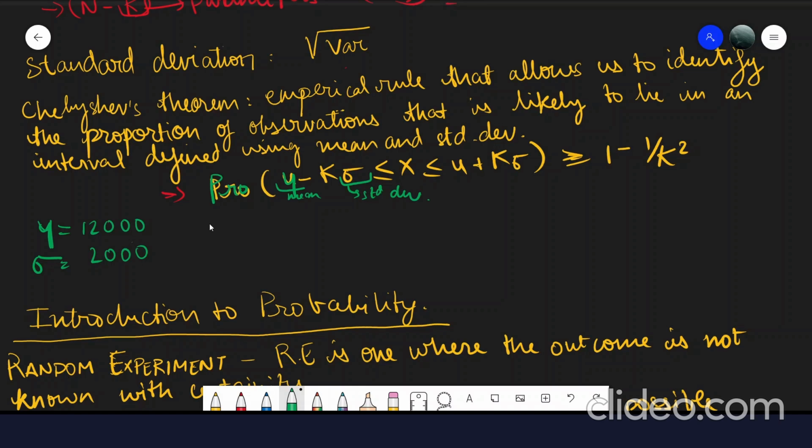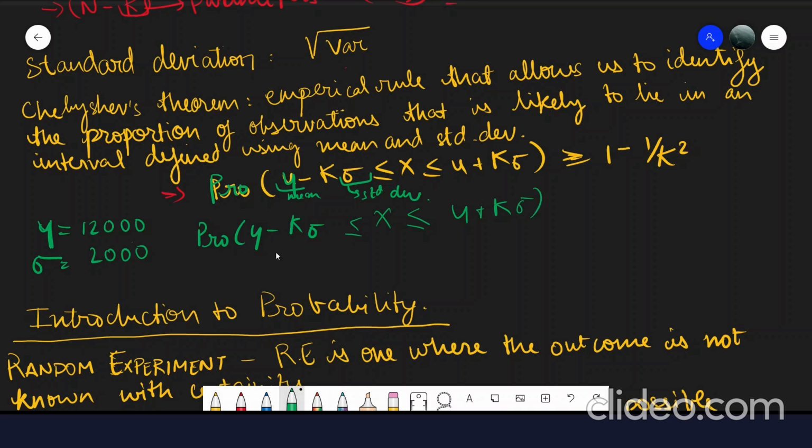I want to see the range in which the users would fall, the proportion of users that would use my credit card on a particular day. So the formula is proportion is equal to mu minus k sigma, where sigma again is the standard deviation, less than x, less than or equal to mu plus k sigma.